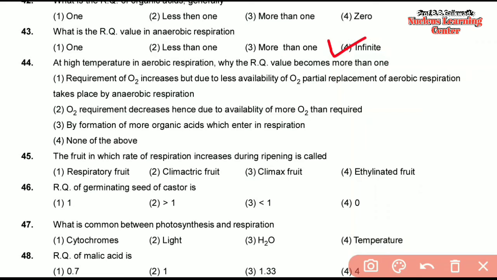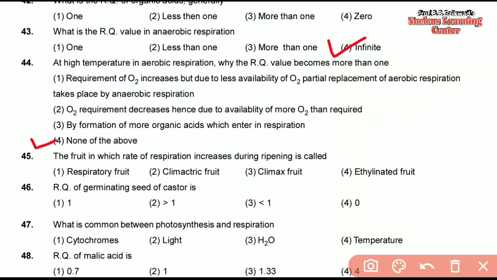It is not correct. O2 requirement decreases, hence due to the availability of more O2 than required. It is also false. By formation of more organic acid which enters the respiration, false. So none of the following is correct for the 44 number.